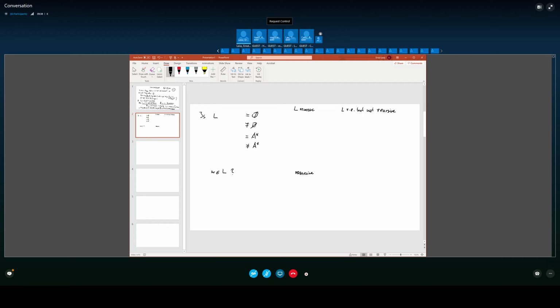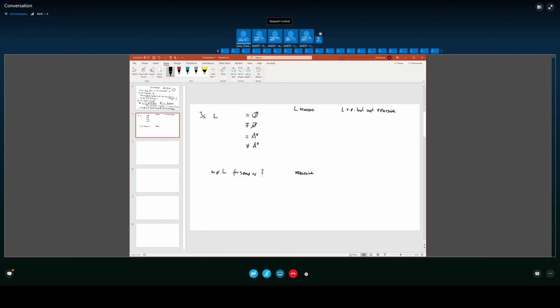So you have a Turing machine for L which halts on any input, and so if I give you the question W in L for some W, then obviously this is a recursive problem, because all I have to do is run the Turing machine for L on W, and because by assumption L is recursive, that Turing machine is guaranteed to halt on every input, in particular that input W that we're providing and asking about.